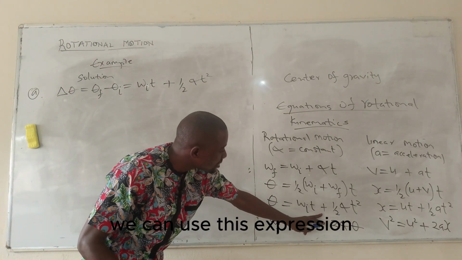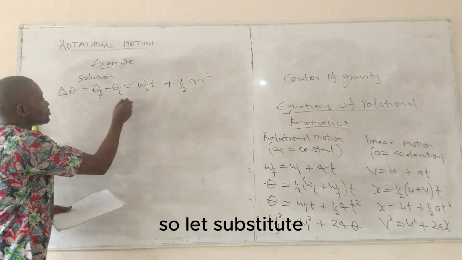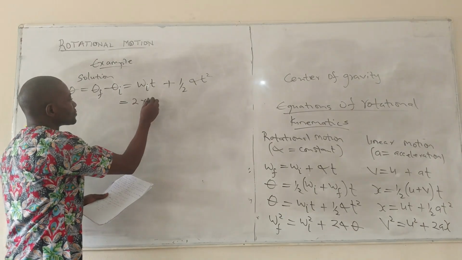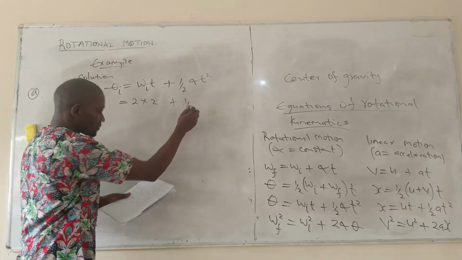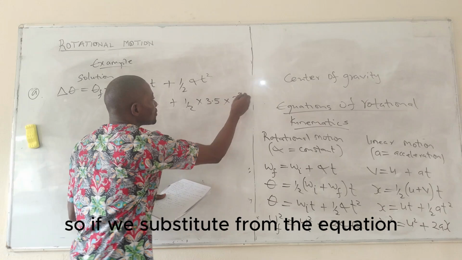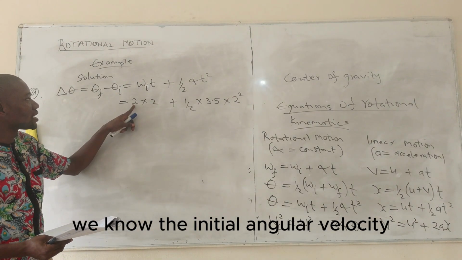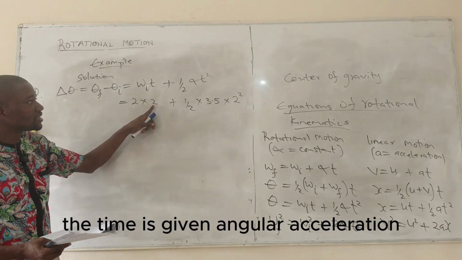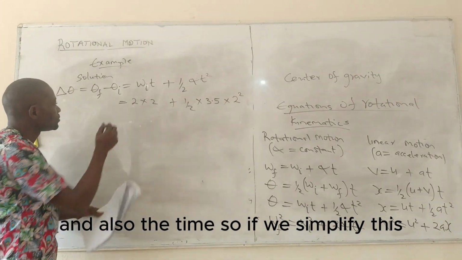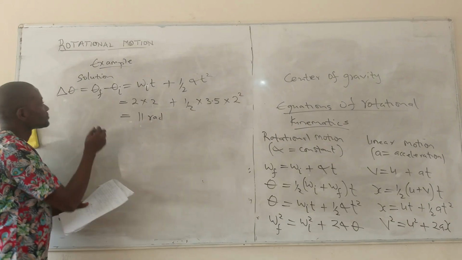Based on the parameters, we can use this expression. So let's substitute. If we substitute, from the equation we know the initial angular velocity, the time is given, the angular acceleration, and also the time. If we simplify this, we will have 11 radians.